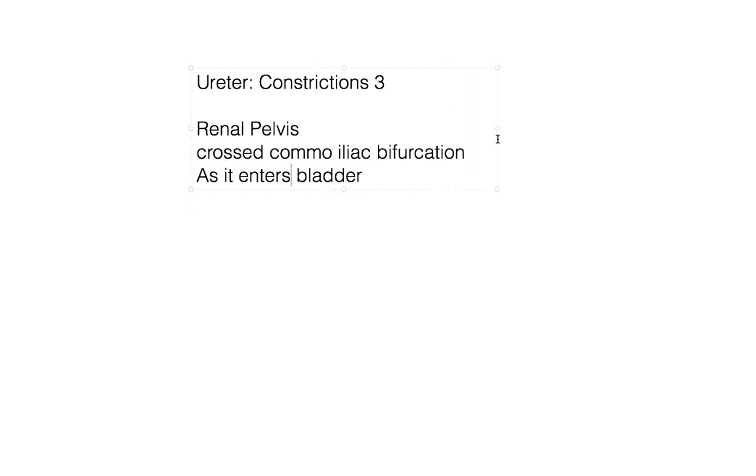So دي برضه حاجة you should probably know. Like I'm not sure if it's as common to be asked, but just in case you ever get asked, اليوريتر ذاته is constricted in 3 places. هما pelvis, when it's in the abdomen crossing the common iliac artery, when it's في البلادر when it enters the bladder. تمام؟ This is one more fact.